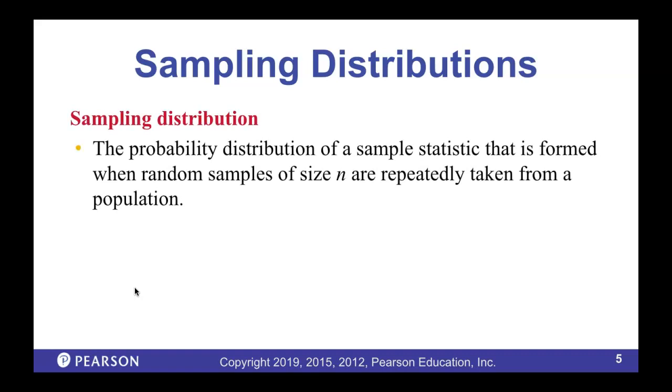All right. So what is sampling distribution? It is the probability distribution of a sample statistic that is formed when random samples of size n are repeatedly taken from a population. So what does this mean? Okay, here is an example. Say that I want to know the average GPA of NOVA students.